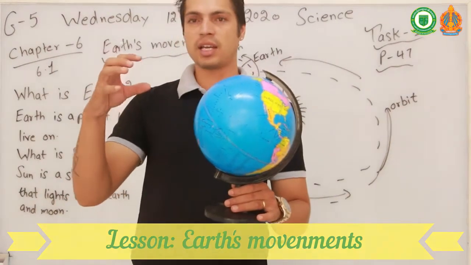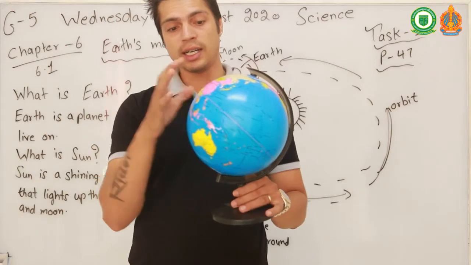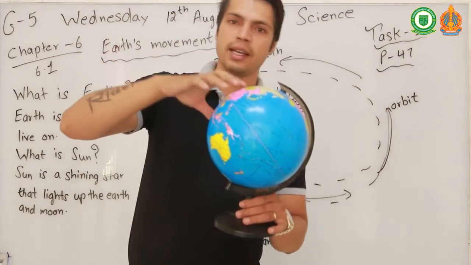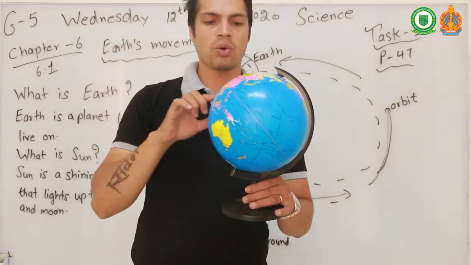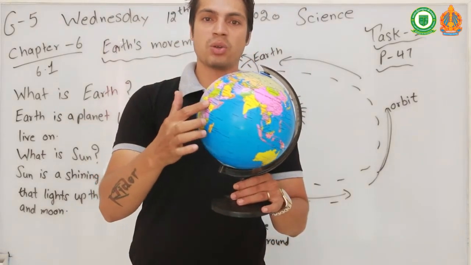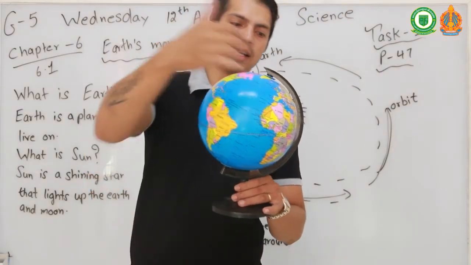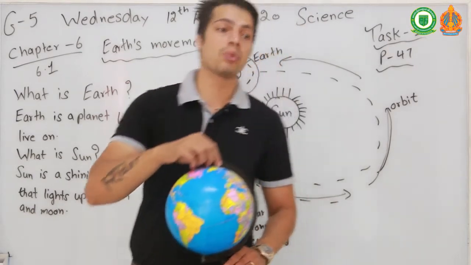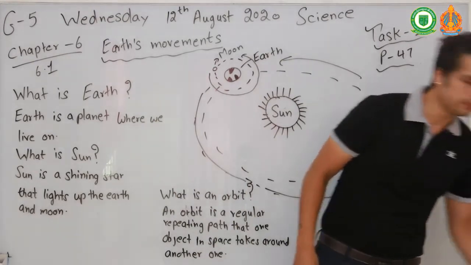Suppose, okay, we have sun here, okay. So when this part of Earth comes in front of sun, that means here is day and this side is night. So when it rotates, now this side has sun and this side has night, okay. So that's why we see day and night, okay.